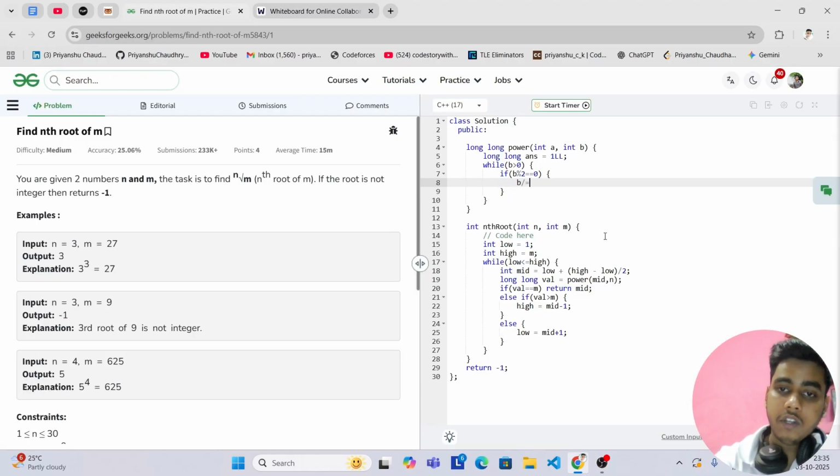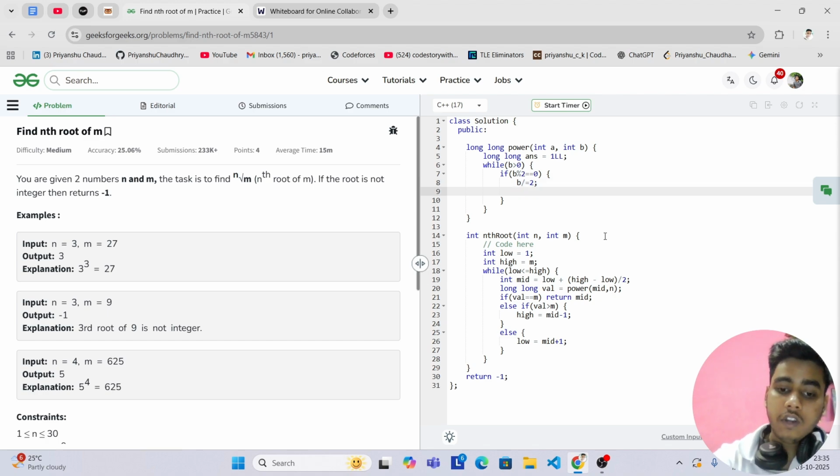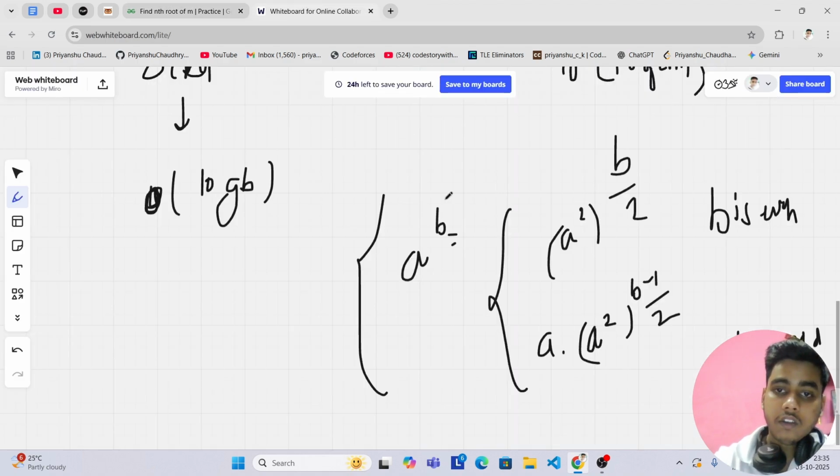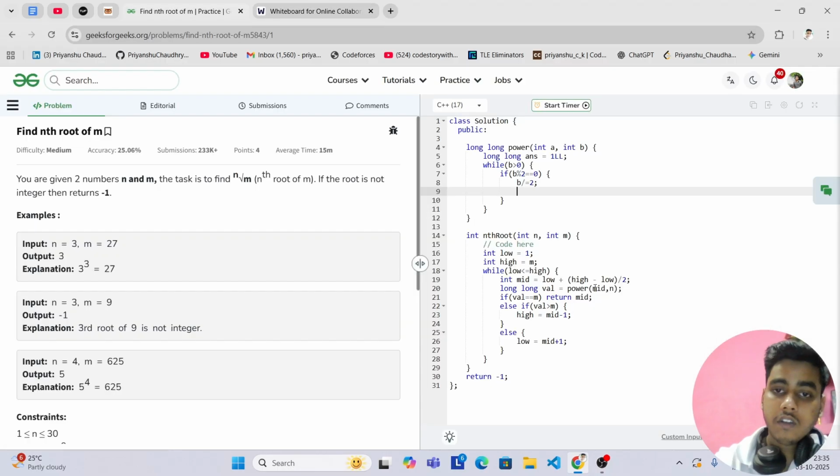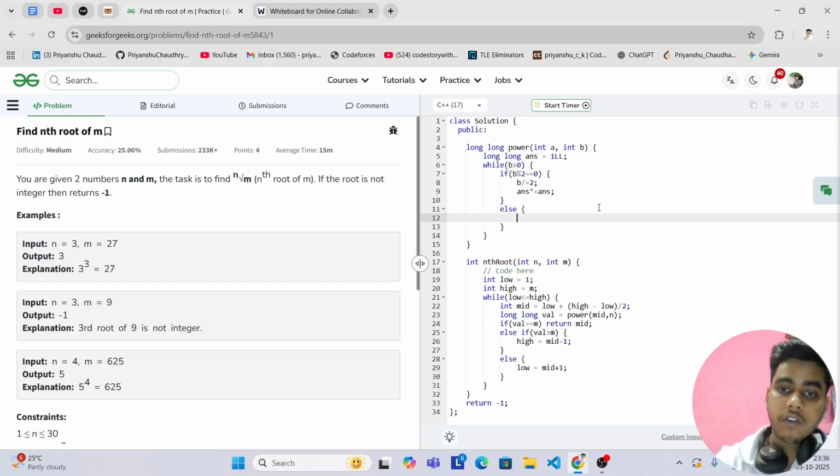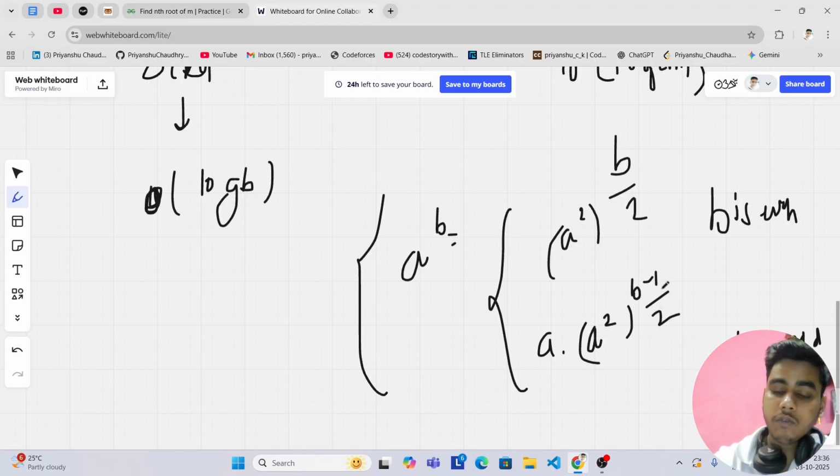B will be divided by 2, and in this case answer is multiplied by answer, it is squared, so answer is multiplied by answer.